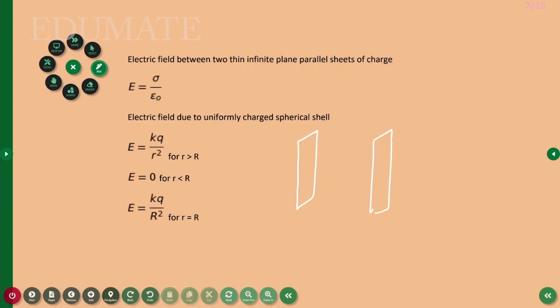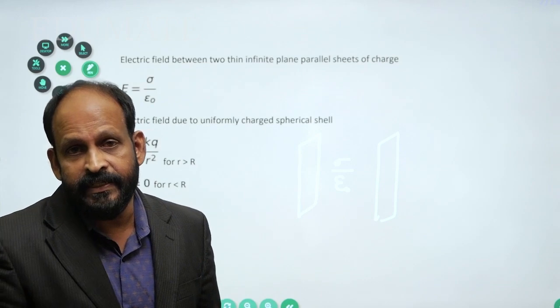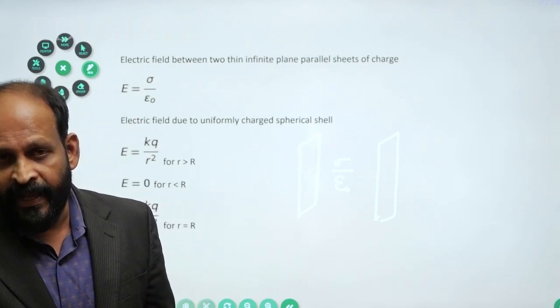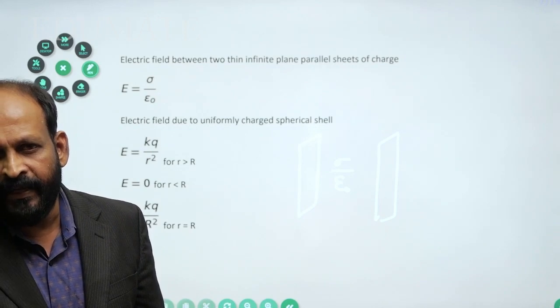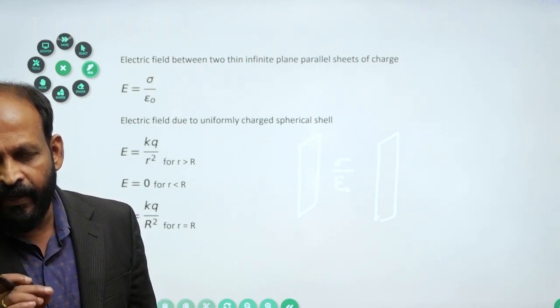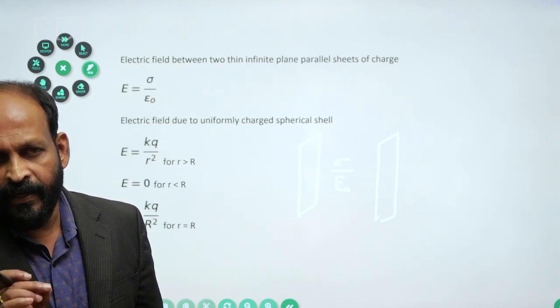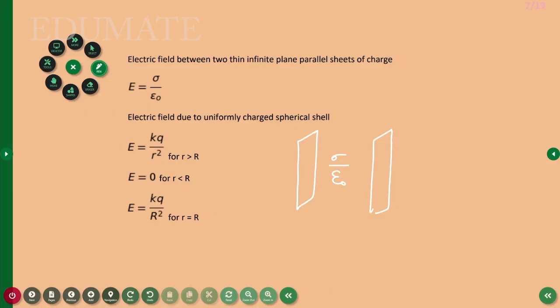The electric field intensity in between two plates is given as sigma by epsilon 0. That means there is a difference. The electric field intensity produced by a single plane sheet is sigma by 2 epsilon 0, and the electric field intensity in between two metal plates is sigma by epsilon 0. This equation is very important for calculating some problems. E is equal to sigma by epsilon 0.